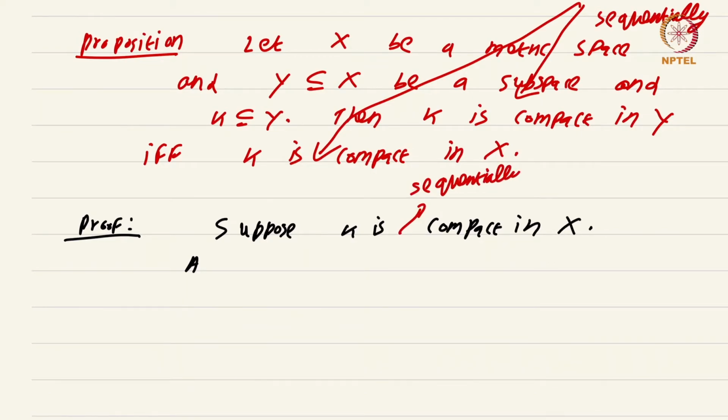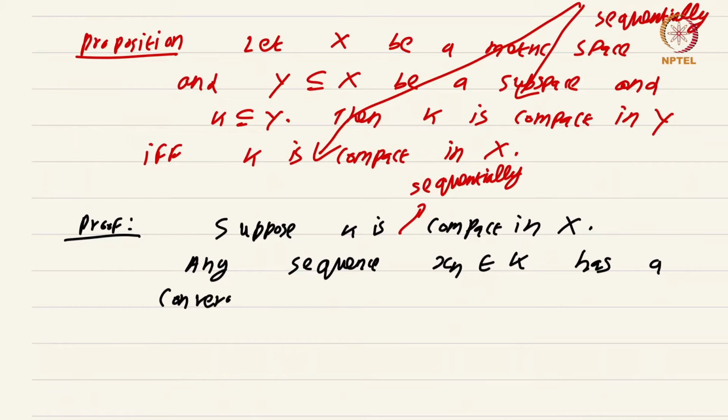So suppose K is sequentially compact in X. Okay, that means any sequence x_n in K has a convergent subsequence converging to a point in K.